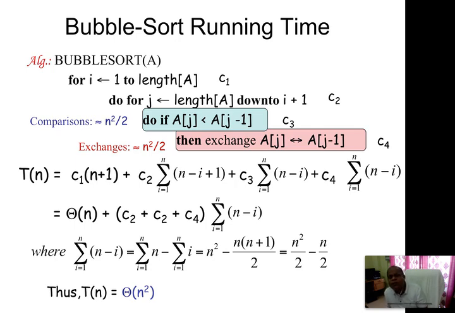Now if you compare this bubble sort algorithm with the insertion sort algorithm, insertion sort is somewhat better. Why? Because bubble sort takes theta of n square irrespective of how the input comes. But insertion sort sometimes takes theta of n square, and sometimes big O of n.